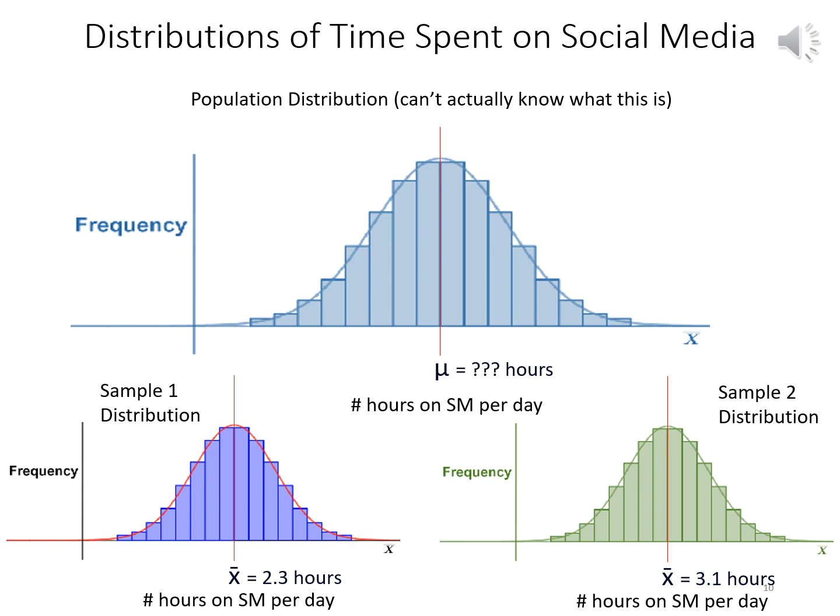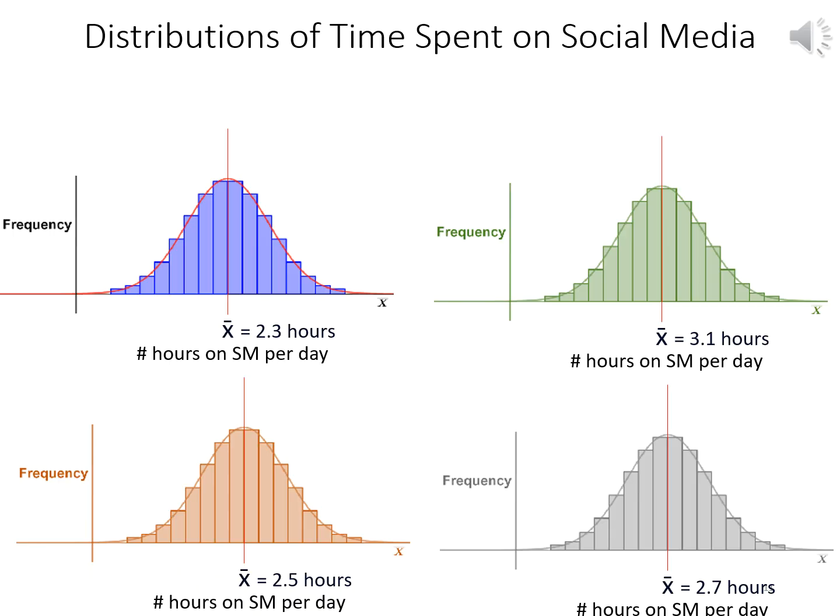The new average, which is represented again by that red up and down line, is going to be 3.1 hours. Well, that's interesting because we just said that for sample 1, the average was 2.3 hours, and now it's 3.1 hours. So which of these is closest to the true population mean? Well, we can't really know that.